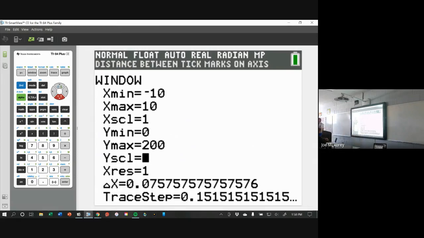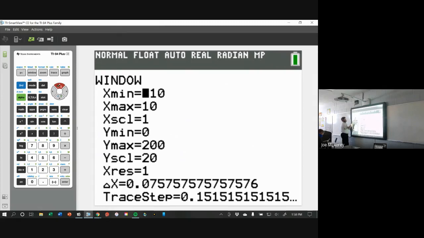Just watching me is not going to be good for you later on. What do you want to count by on the y-axis to get from 0 to 200? 25. 20. Either one of those would work fine.